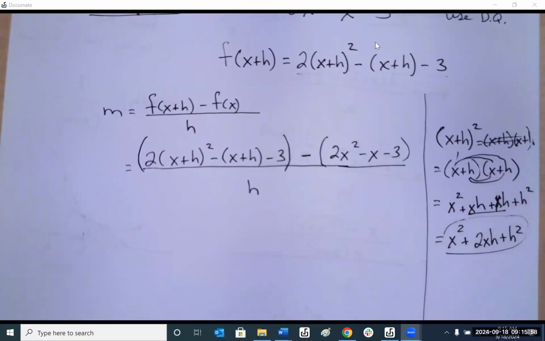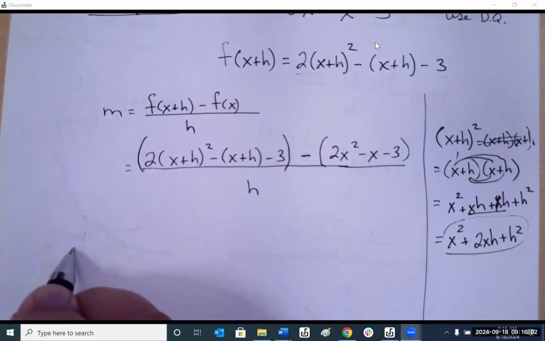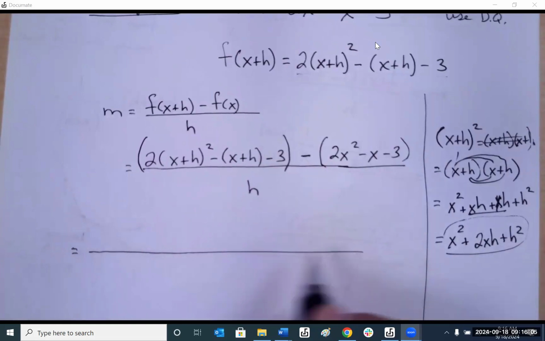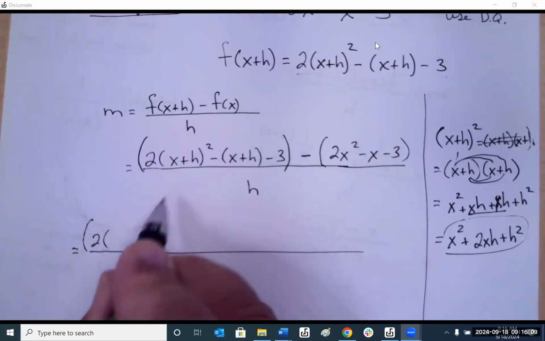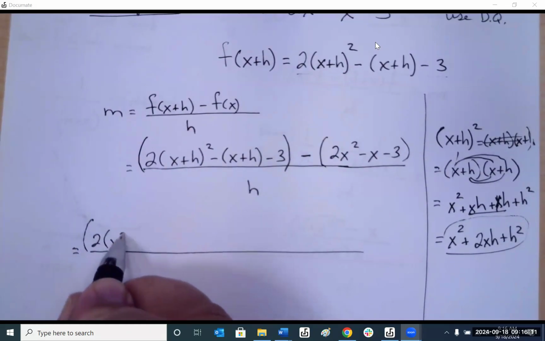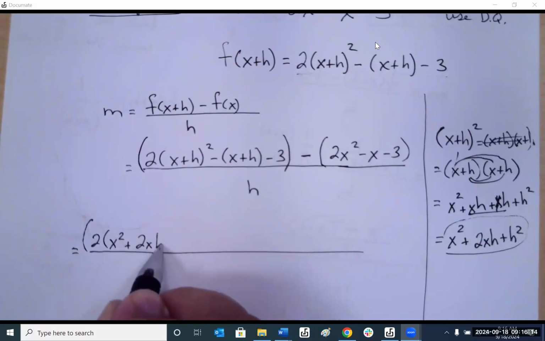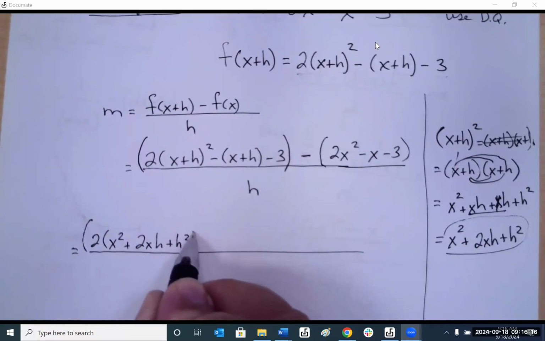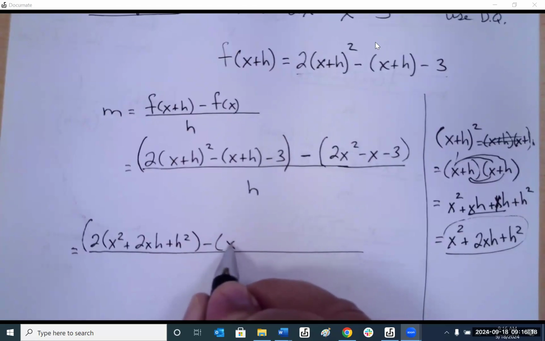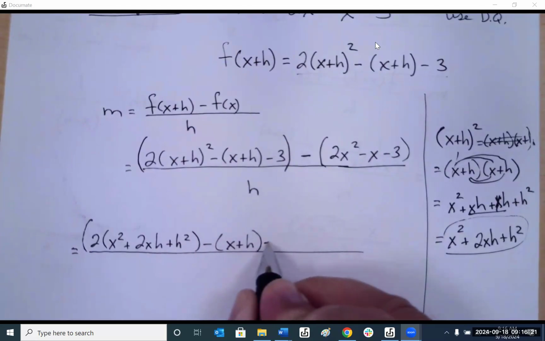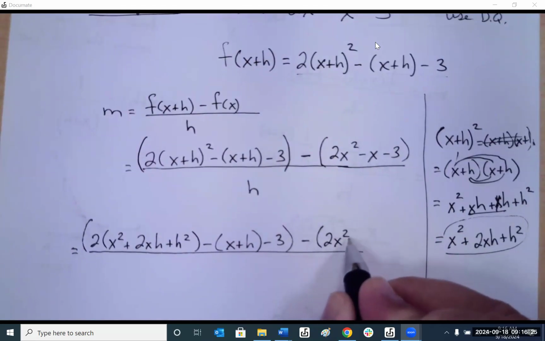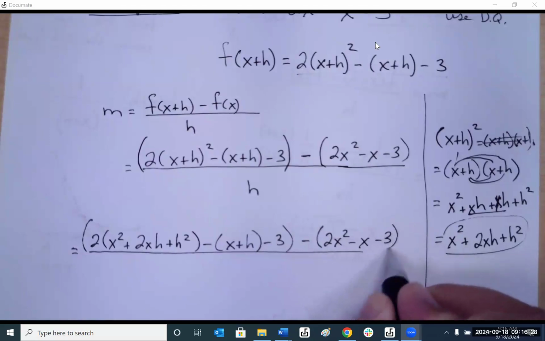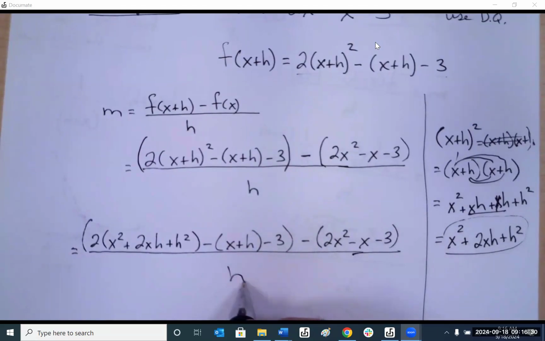So that's what that part becomes. So that goes in place of the x plus h. So it's x squared plus 2xh plus h squared, minus x plus h, minus 3, minus 2x squared minus x minus 3, all over h.